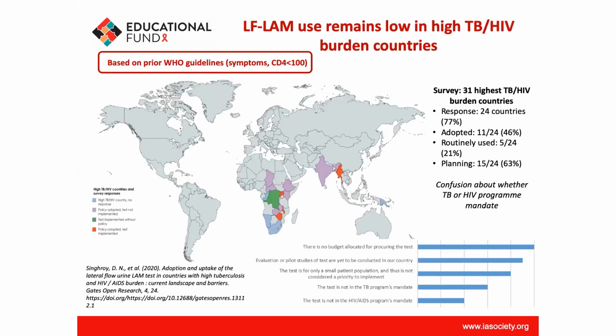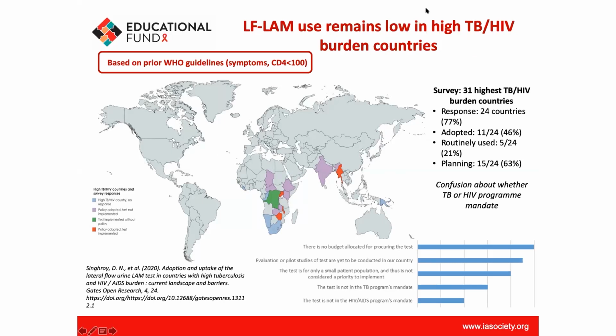There was a study that was just published last week based on a survey that was done of the use of LAM in 31 countries that were surveyed, although only 24 countries responded. And the main point of this study is to show that really the use of LAM testing in TB HIV high burden settings is very low.